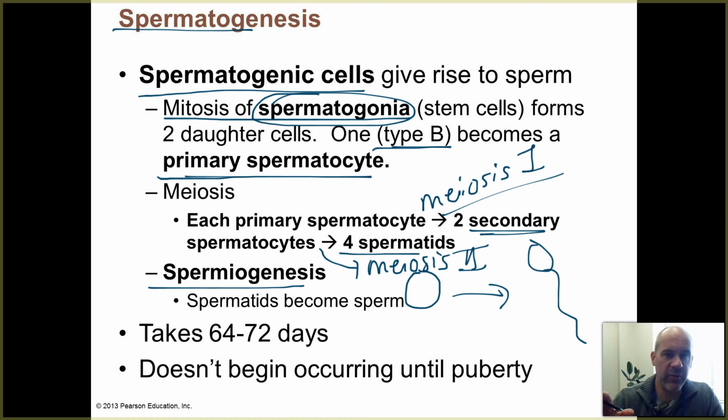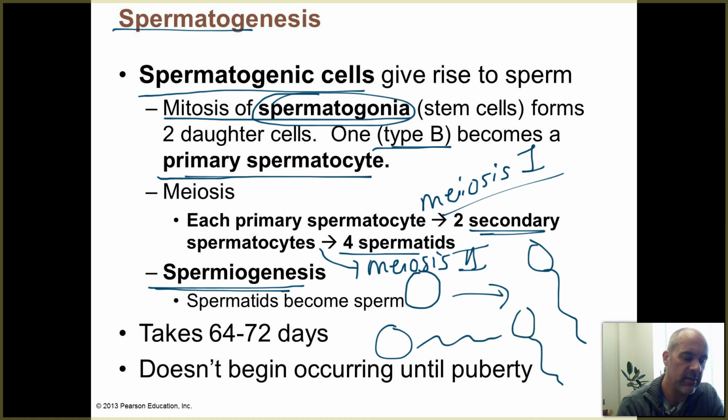The secondary spermatocytes have 23 duplicated chromosomes, and when those cells divide, you end up with 4 cells, each of which has just 1 copy of each chromosome. Those are haploid cells, so now we have the correct number of chromosomes needed for fertilization of an egg. The spermatids, though, have a roundish shape, so then we need to do this spermiogenesis process. We'll have a change in shape and structure so that those cells have everything they need to do the swimming that's required for fertilization.